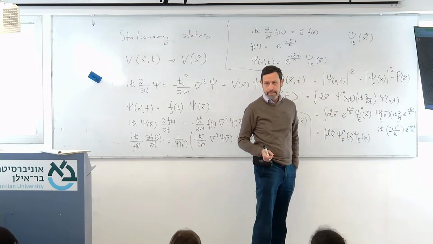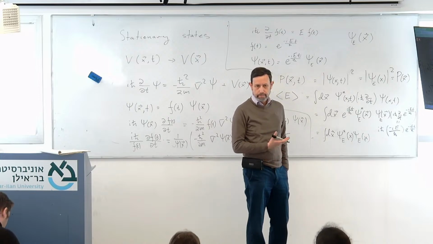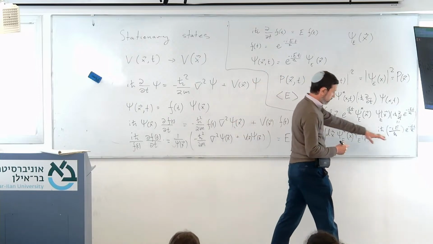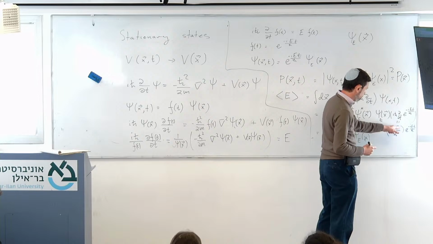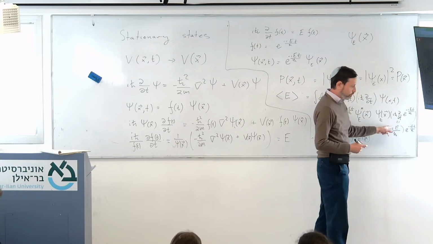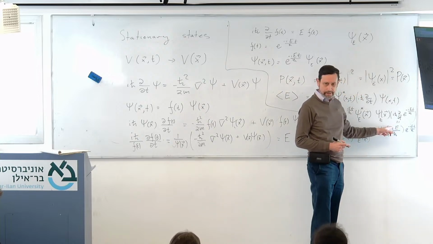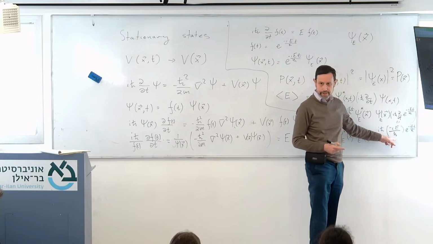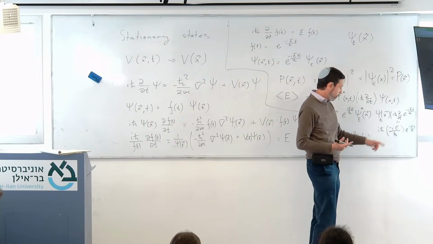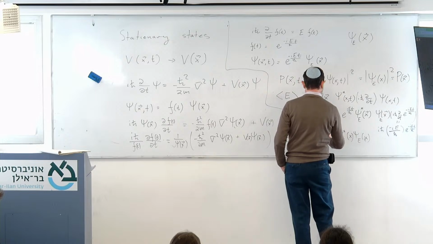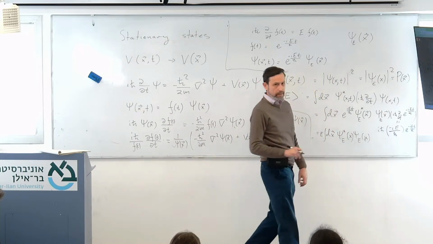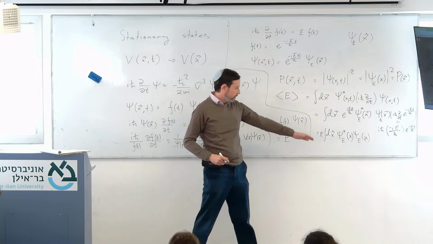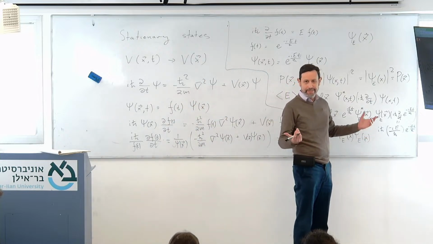I can pull it out. And that's 1. This is 1, and I times h bar times minus I is 1, divided by h bar is still 1. So the only thing that remains is the E, and this is equal 1 by definition.